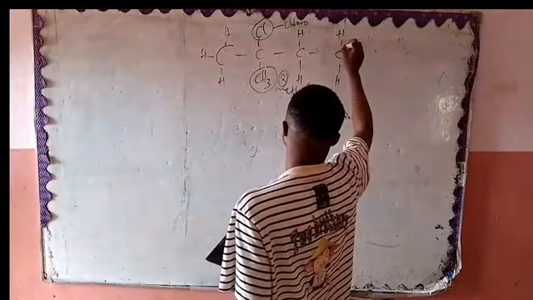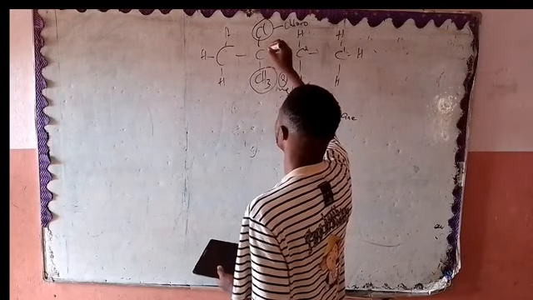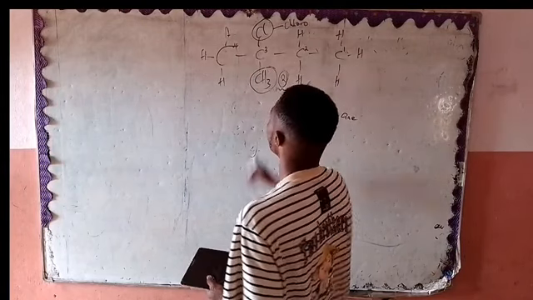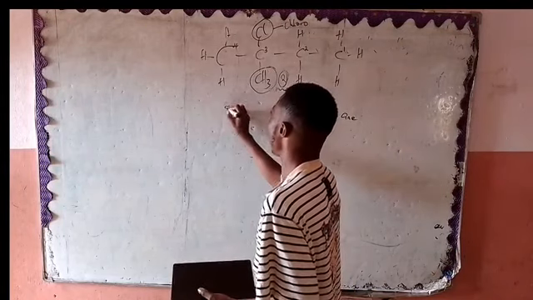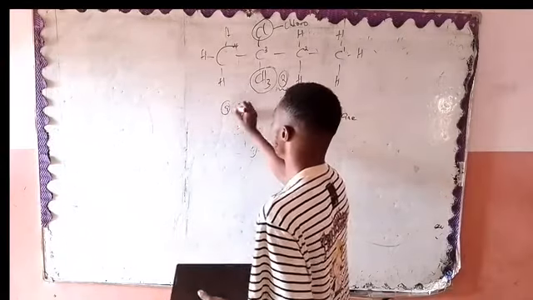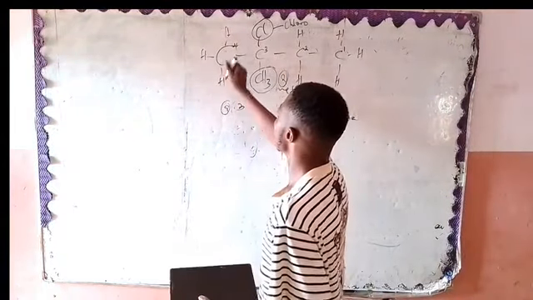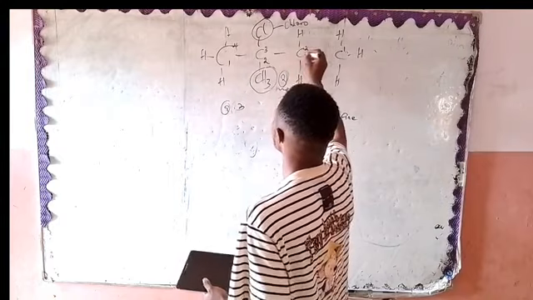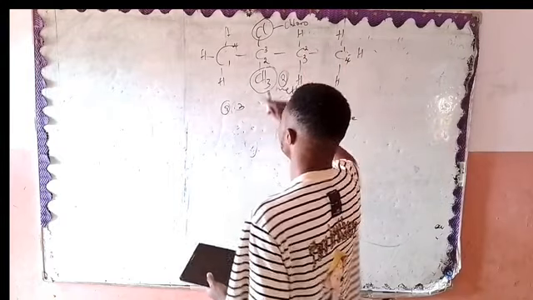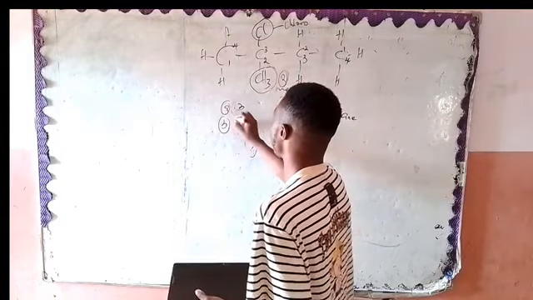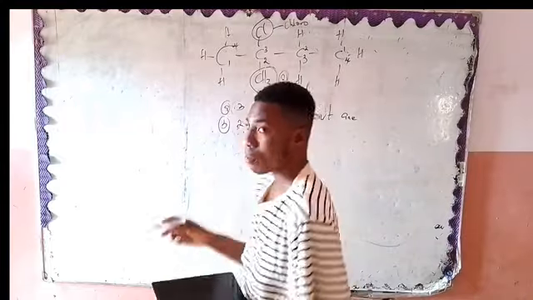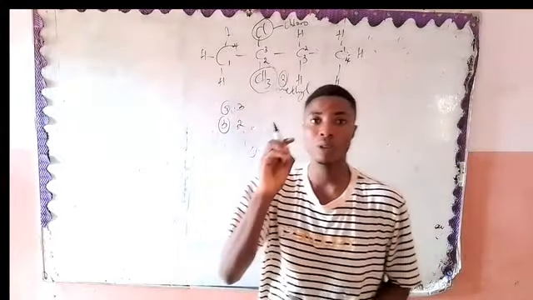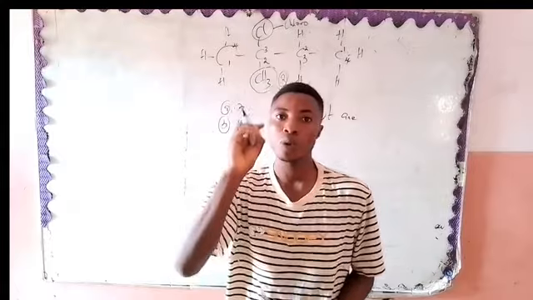So we count from here 1, 2, 3, 4. The substituent group appears in number 3. If we count like this, 1, 2, 3, 4, the substituent group appeared in number 2. And remember what I said.